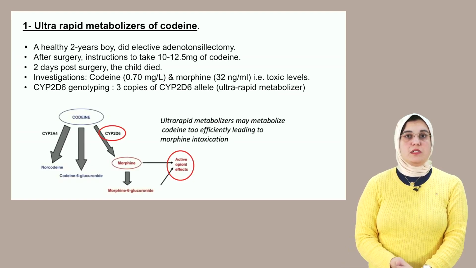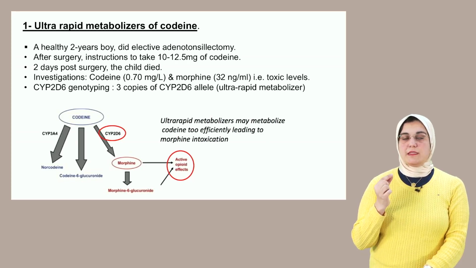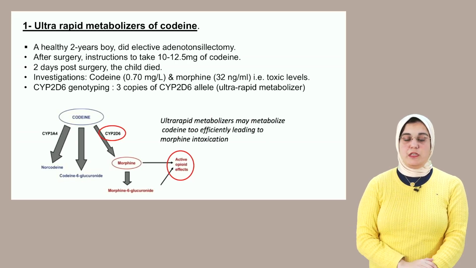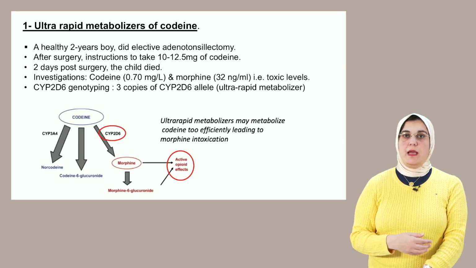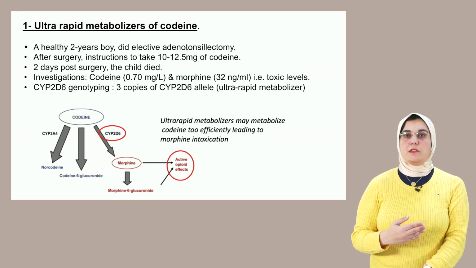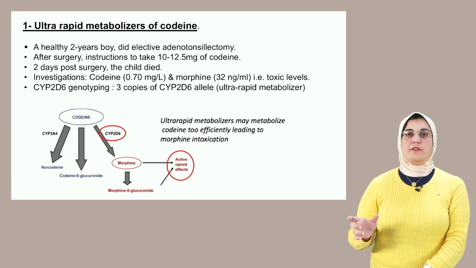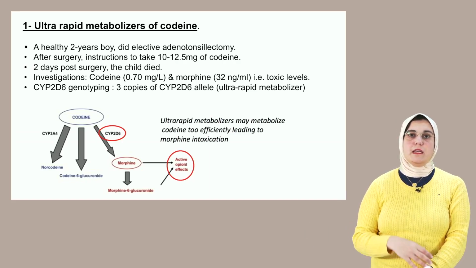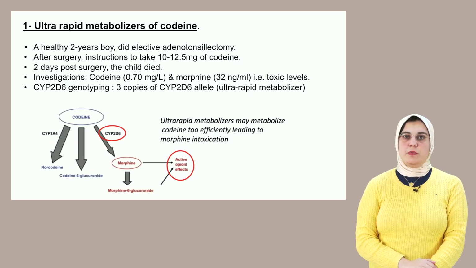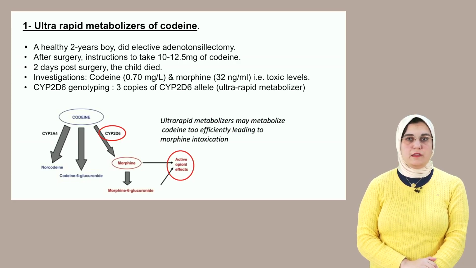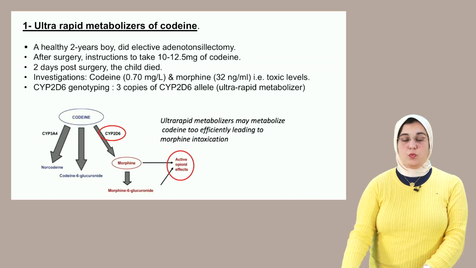So now we understand how a single SNP inside the gene of the cytochrome P2D6 affected the pharmacokinetics and metabolism and makes that enzyme working so fast, so it breaks codeine into morphine very, very fast, exceeding the level of morphine that should be present, and so the child died. That was a very famous example for codeine and the effect of SNPs.